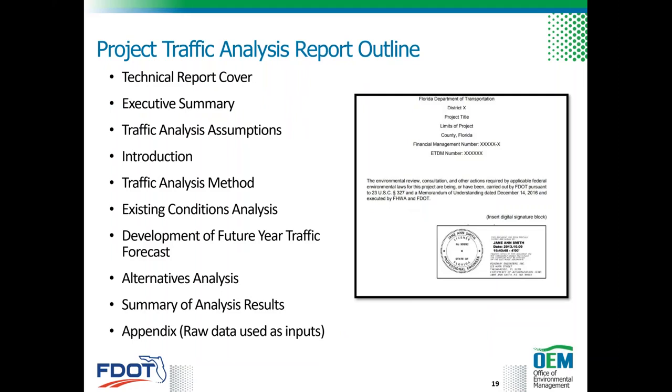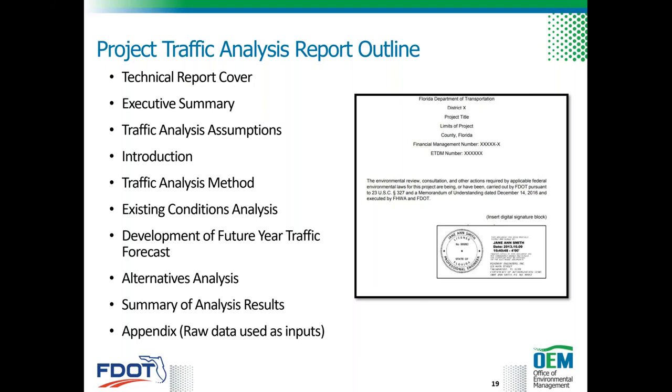All right, so this is an outline of what is included in the PTAR. The report heading and subheadings should effectively delineate the sections appropriate to the level of analysis.